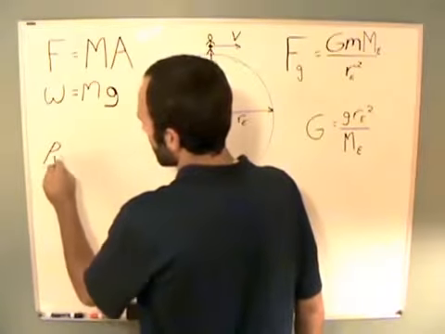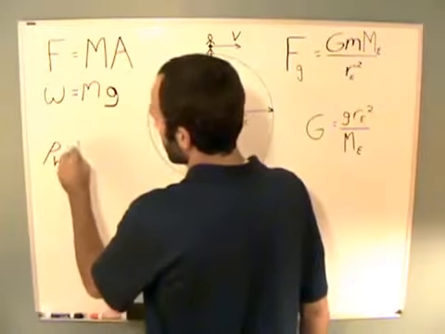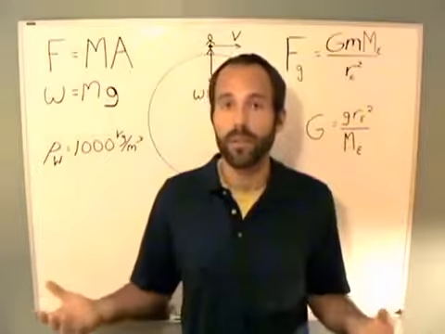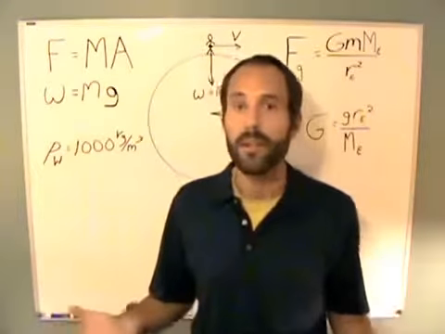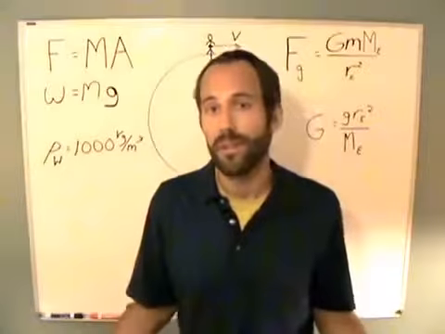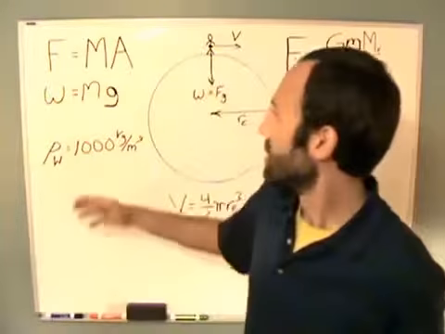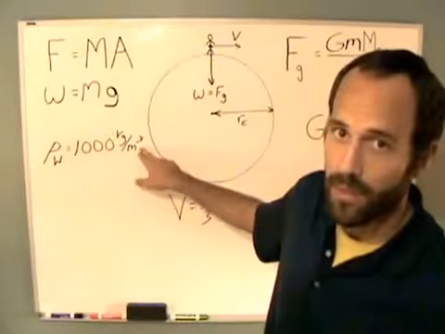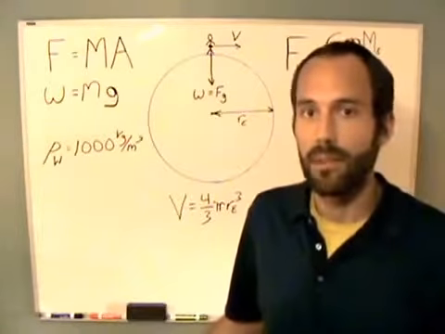Rho water is equal to 1,000 kilograms per meter cubed. What that says is, if you have something that holds a cubic meter of water, it weighs 1,000 kilograms. If you have something that holds 2 cubic meters of water, you say the density of water, 1,000 kilograms, times 2 cubic meters. You see the cubic meters would cancel. You get 2,000 kilograms is how much it would weigh.